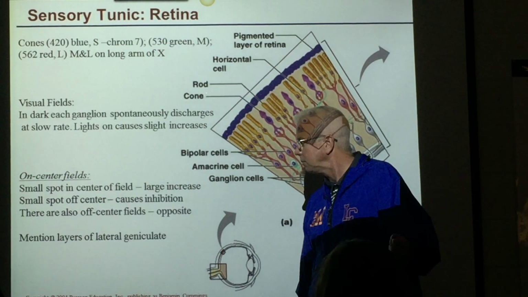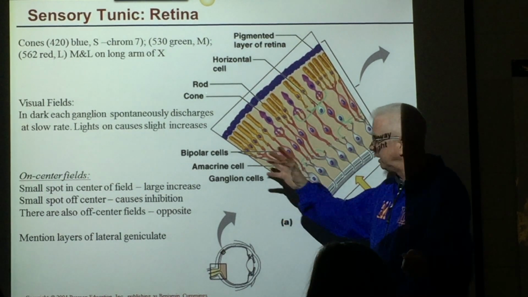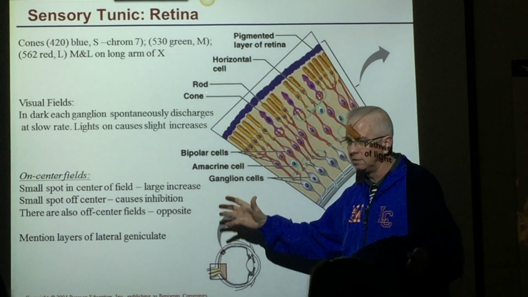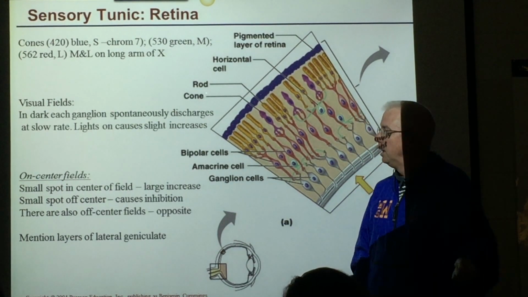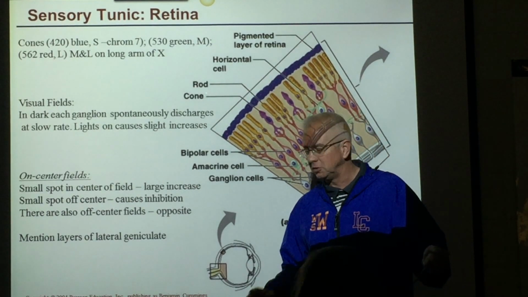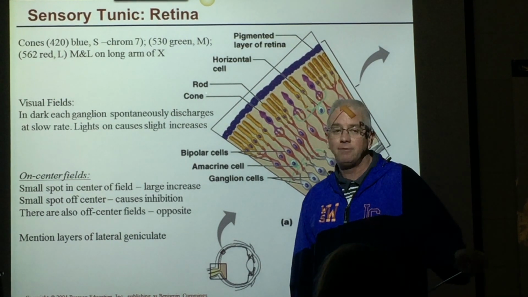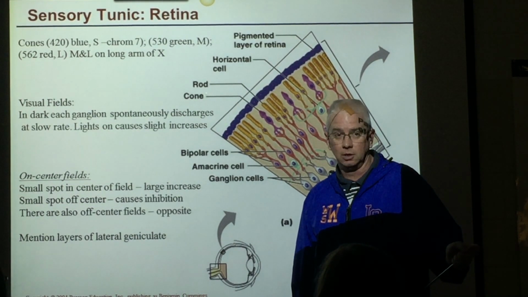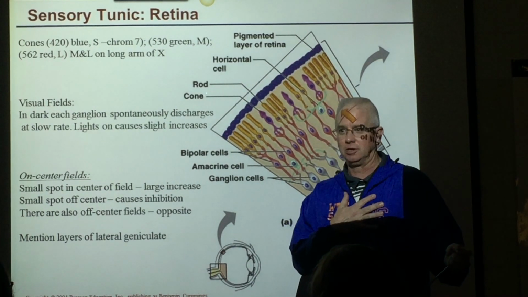Now, at this point, I'm going to begin to talk about some details in visual fields and the way vision actually occurs. It's going to get a little sticky. We're going to do some molecular biology, but this is the kind of information you have to know now to be able to describe vision. From what I've told you so far, we've really not done vision yet.